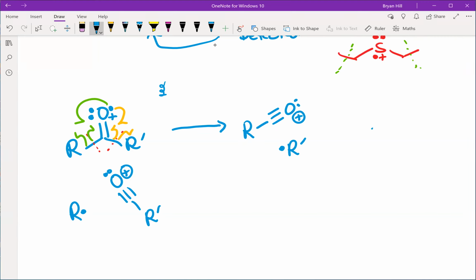So if we've got fishhook arrows coming together like this, it means we're making a bond. And if we've got fishhook arrows going apart and there was a bond in between, this means that we're breaking a bond.